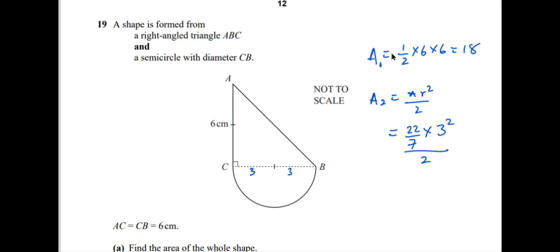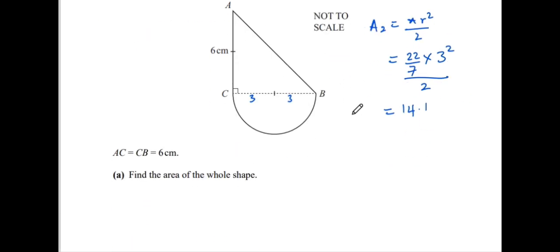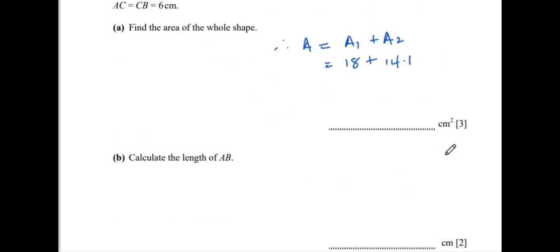So when you use your calculator to press all this, you're going to have 14.1. Okay, 14.1. So the area now is going to be the total of whatever you have. Therefore, area is equal to A1 plus A2. So that will give you 18 plus 14.1, which is 32.1, approximately.